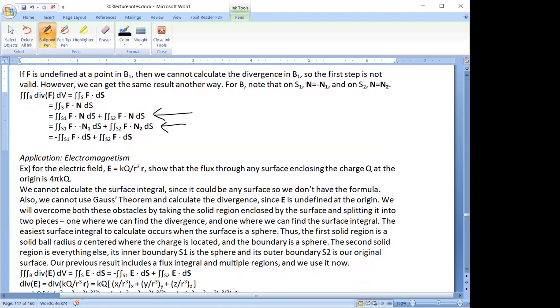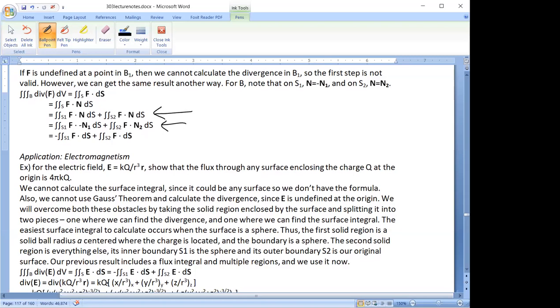Now, the last thing we proved is that this is just the negative of the double integral over the first surface, the inside surface, plus the double integral over the second surface, which is the outside surface. That was the thing that we proved using Gauss's theorem a second ago. So now there are things here that we can calculate.